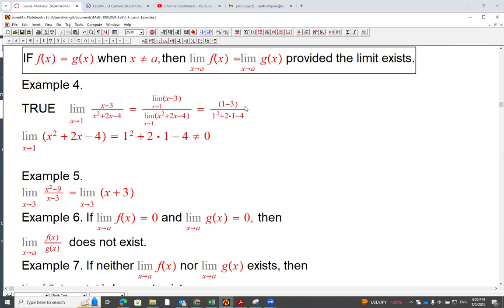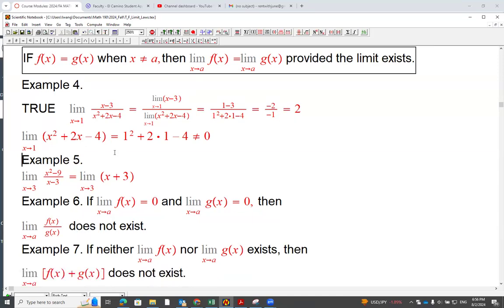And the denominator is -1. We're almost there. So -2 over -1 equals +2. Done. So this example number 4 is true.